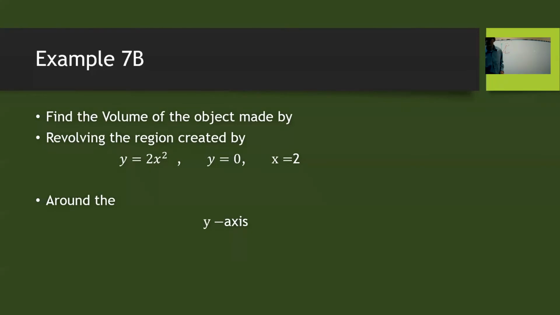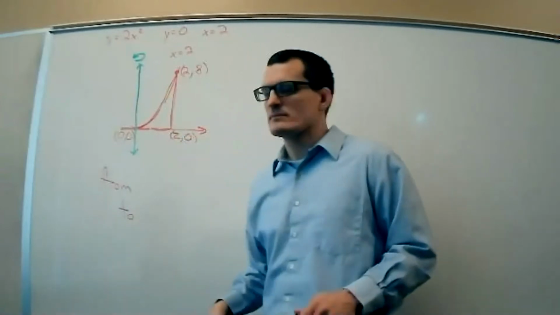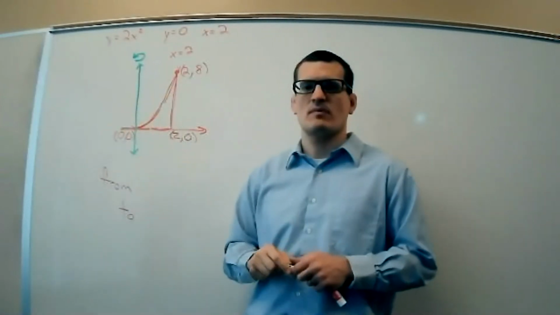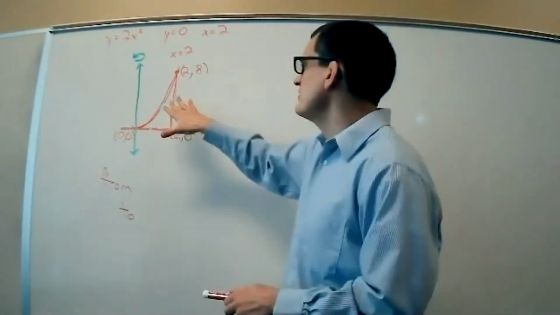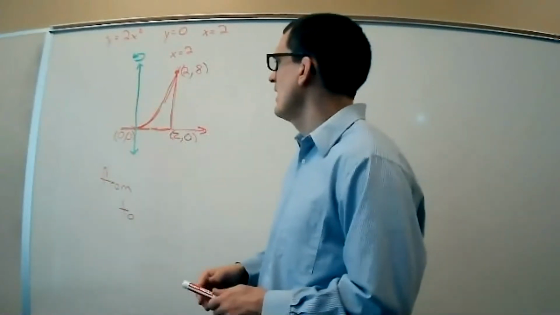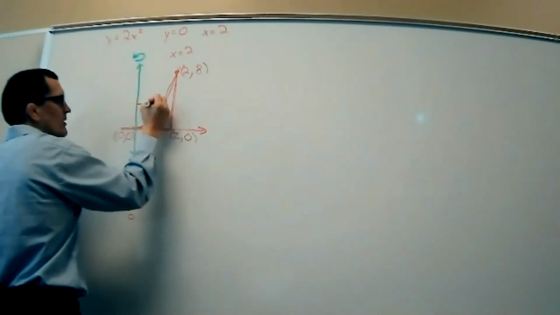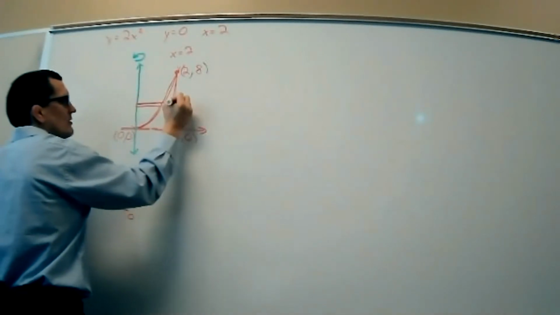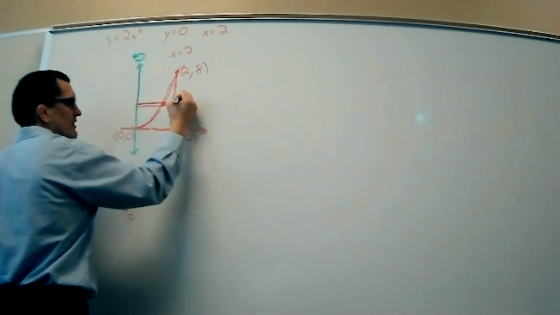All right. So I'm going to go through this quickly. We want to rotate around the y-axis. We have this region. Since we've drawn it this way, we want to rotate around a vertical axis. We need to utilize the washer method.